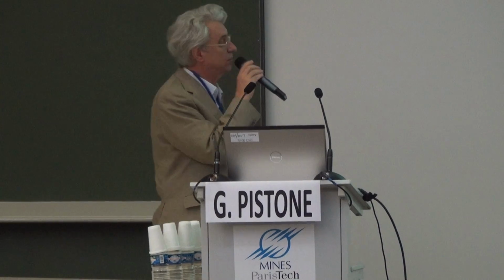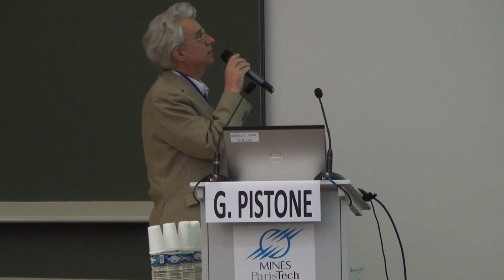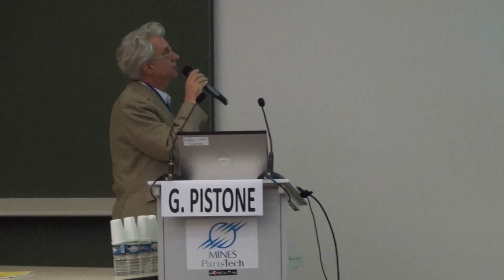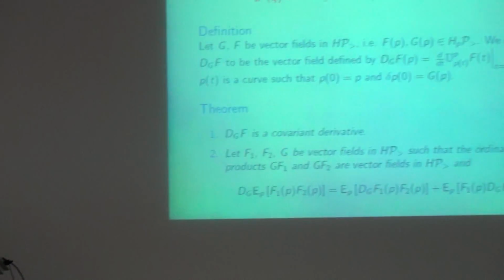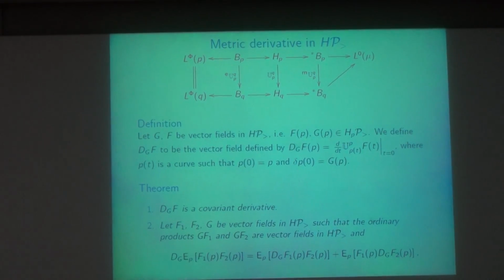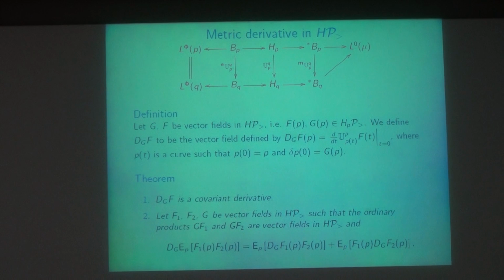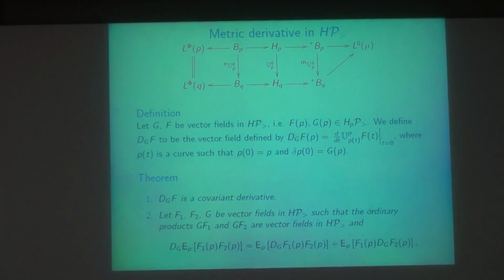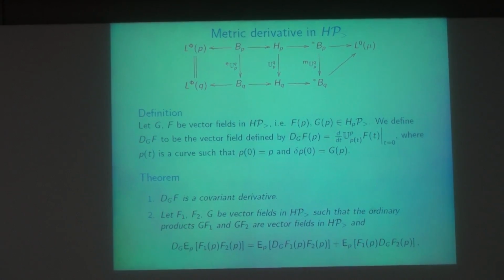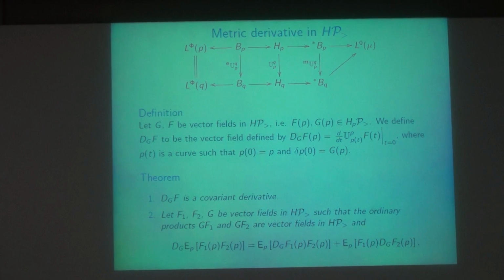So finally I summarize the constructions this way. So how do we construct a metric derivative? H of P is the Hilbert bundle. At each P I attach the L2 space corresponding.